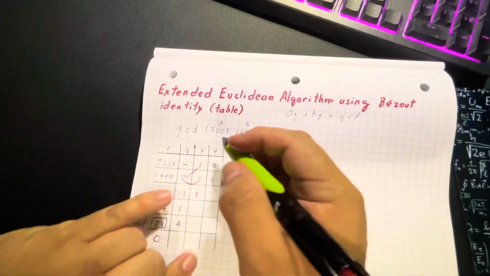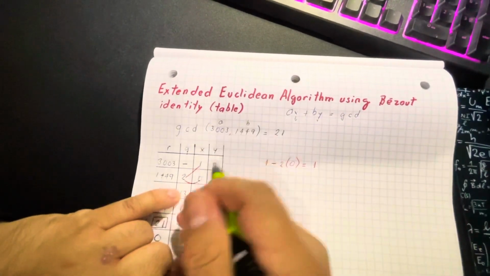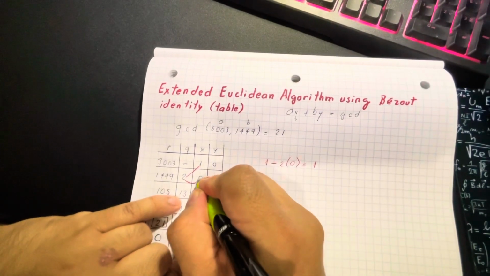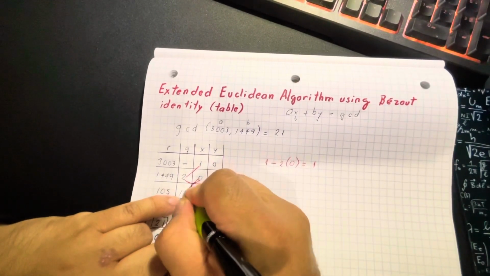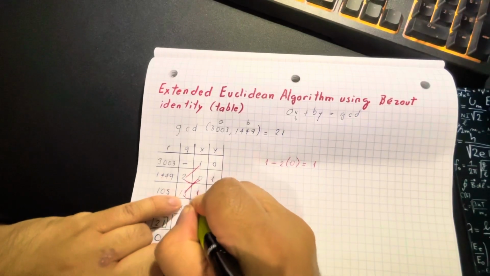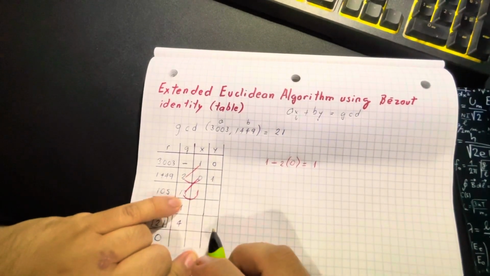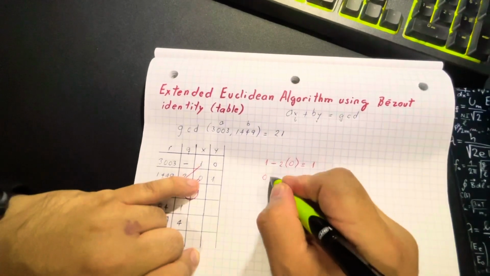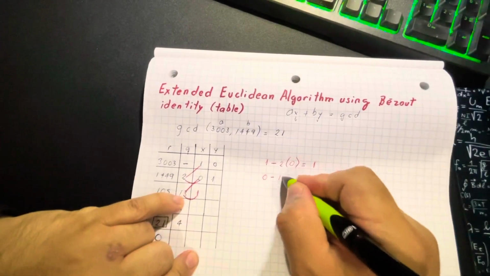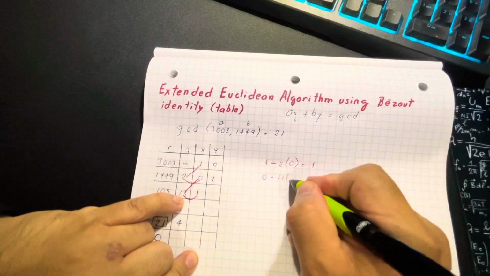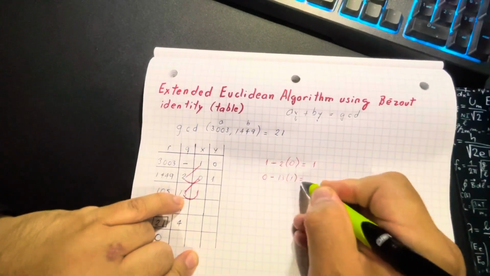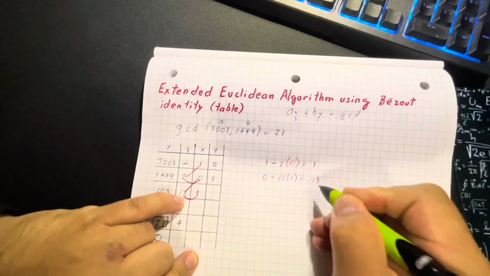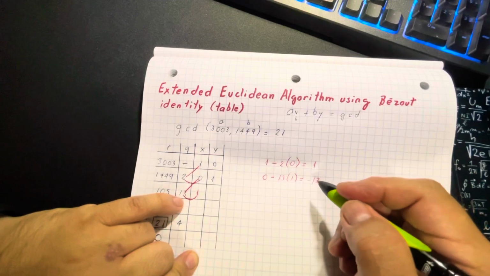And you do the same thing with the next line. So you're gonna use this 0, subtract the multiplication of these two numbers. So it's gonna be 0 minus 13 times 1. This one equals minus 13, right?